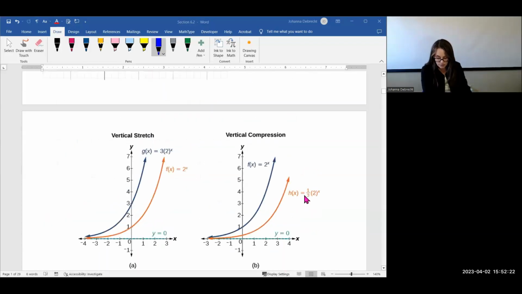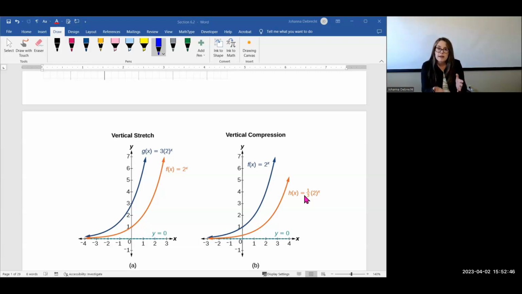Now let's talk briefly about a vertical stretch or vertical compression. Vertical stretch or compression is where you're pulling on the graph one way or the other. A vertical stretch means you're basically taking the parent function, b to the x, like 2 to the x or 3 to the x, and you're multiplying it by a value greater than 1.